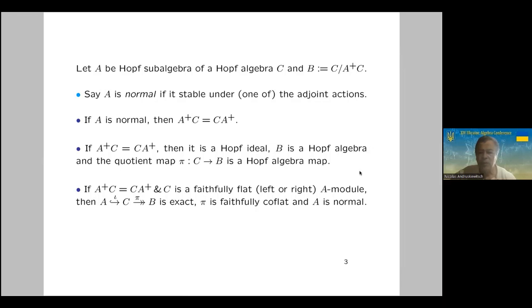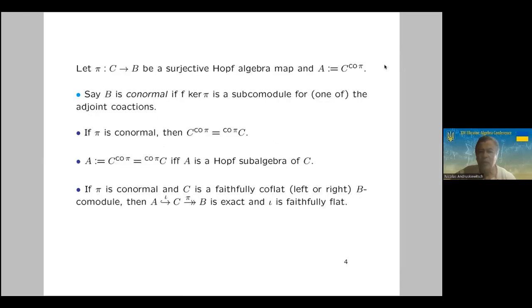So this is one possibility, and the other possibility is the dual one, namely you start with a surjective Hopf algebra map pi, and take A, the right coinvariants of pi inside C. Then we say that pi is conormal if the kernel of pi is a subcomodule for the adjoint coaction.